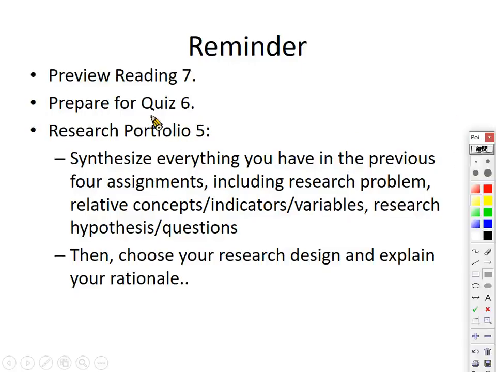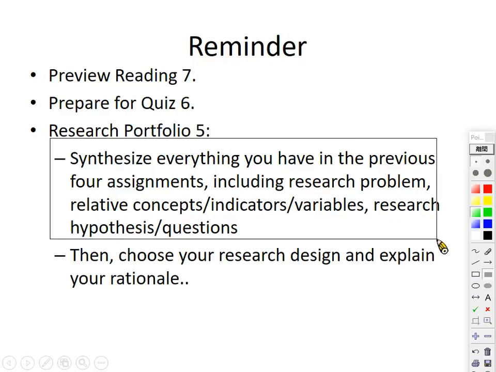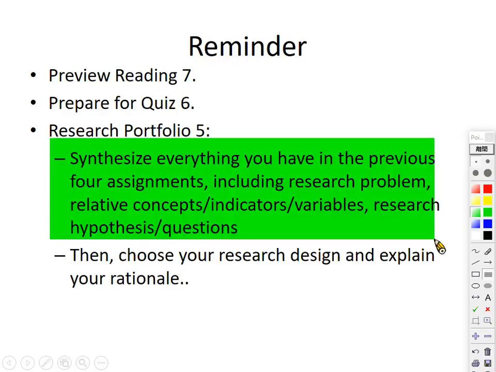Next time we will do our quiz number 6, and there's a research portfolio for you. It's a very good time for you to synthesize everything you have from the previous 4 assignments, including research problem, relevant concepts, indicators and variables, research hypothesis, and research question. Try to put them in one piece.